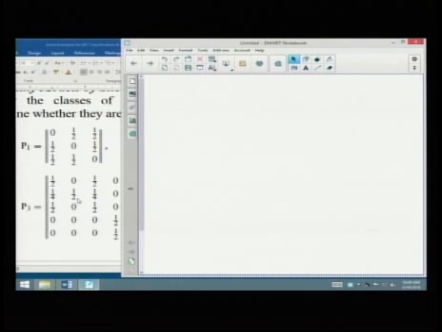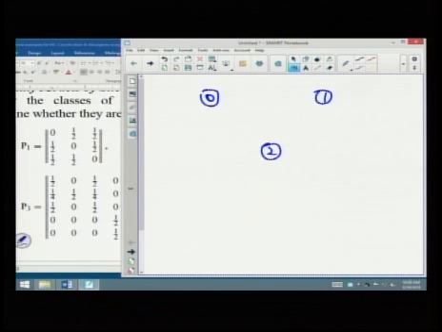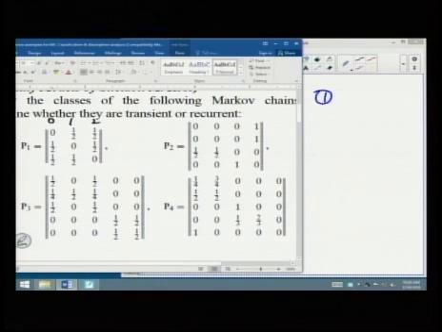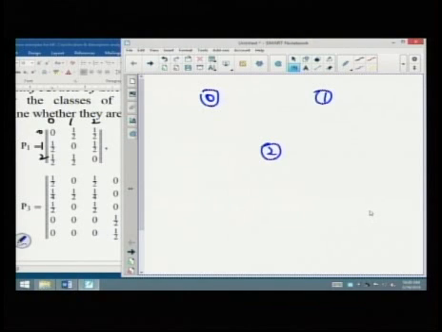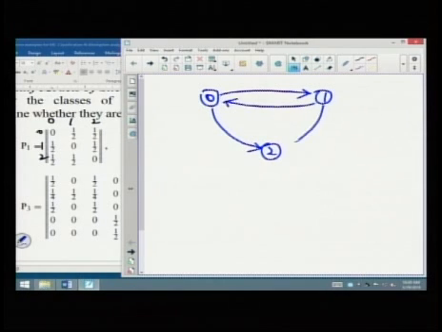So let's say we have states 0, 1, 2. So from 0 to 1, 0 to 2, and 1 to 0, 1 to 2, and 2 to 0, and 2 to 1.